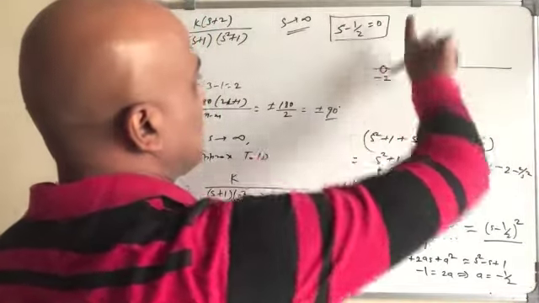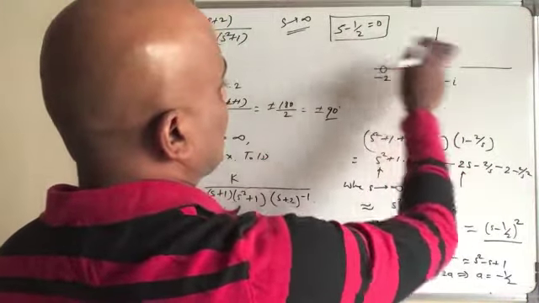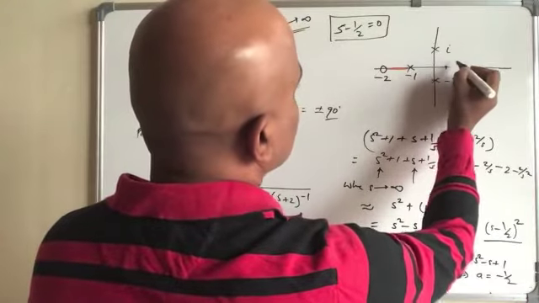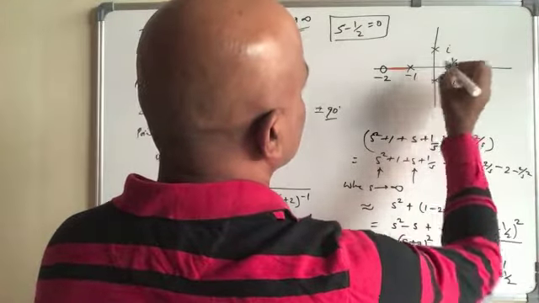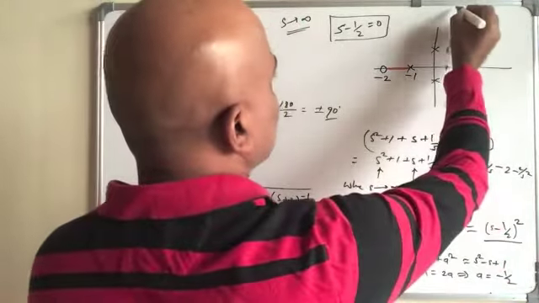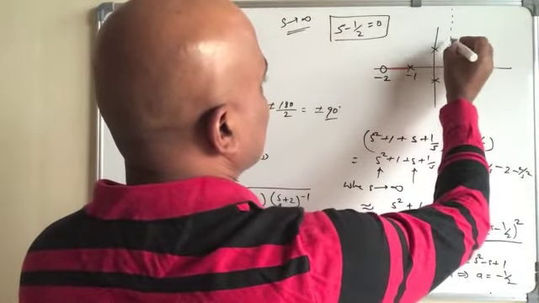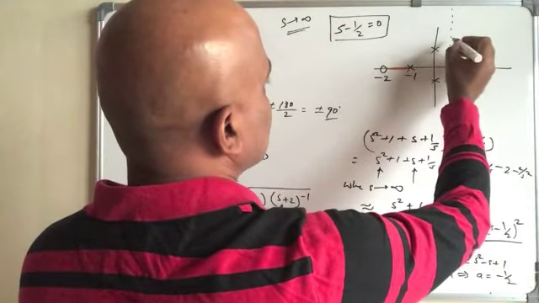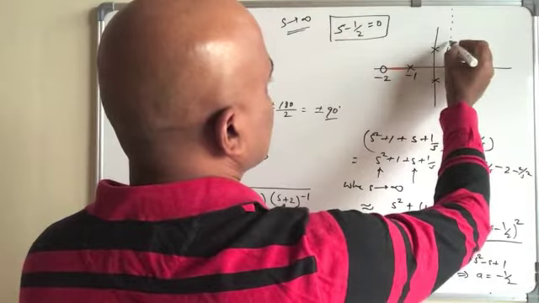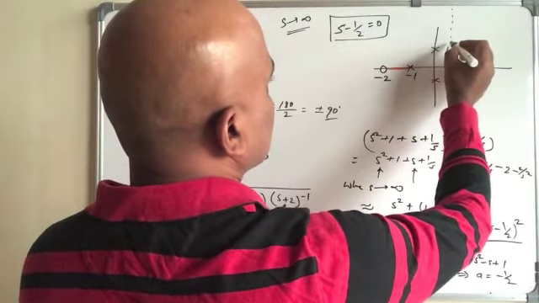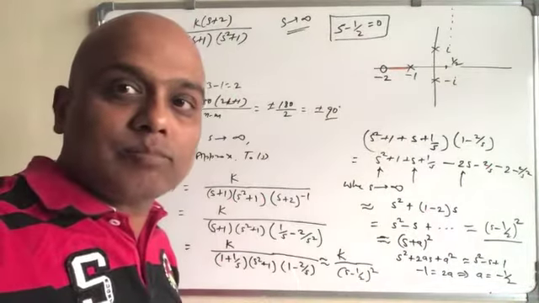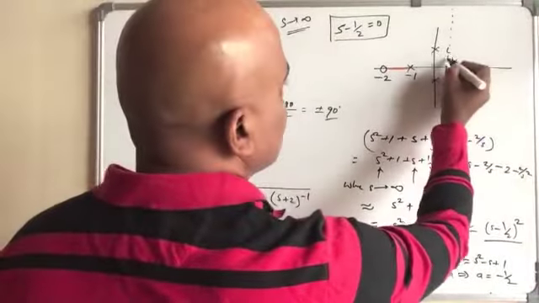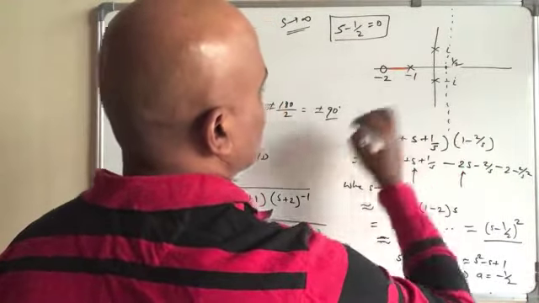So that means half is here, this is 1 over 2 here. So the asymptote is somewhere here.